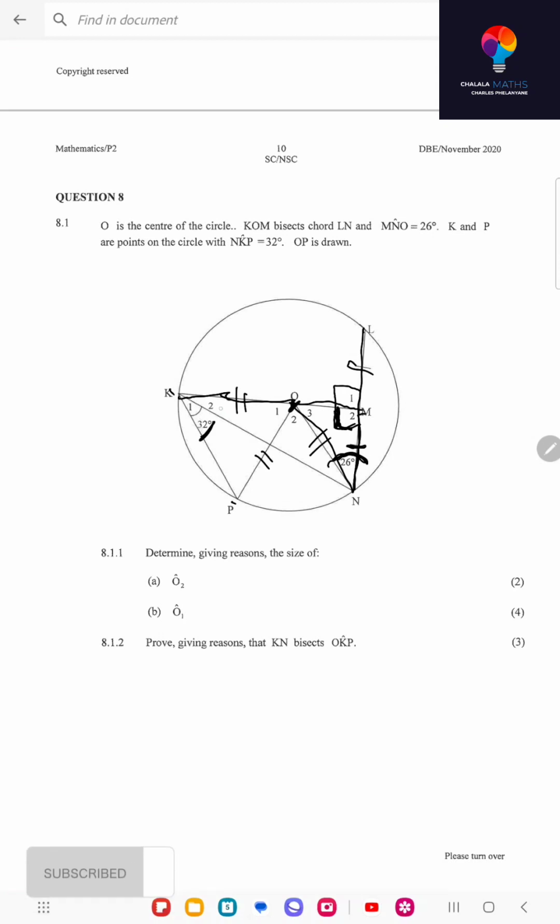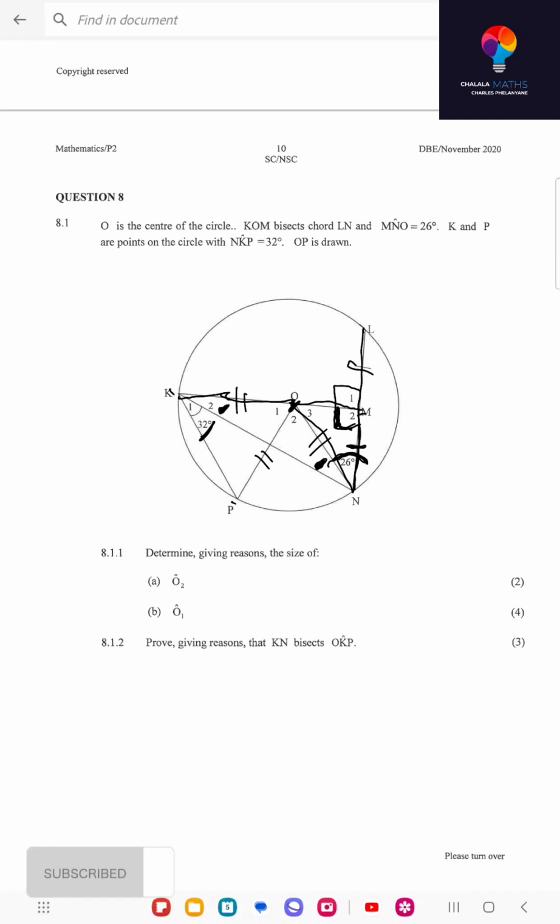Then this angle here will be equal with this one. Why? Because if we remember the isosceles triangle, the opposite sides are equal, so the angles will be equal. With that, we will be able to go forward and answer these questions.